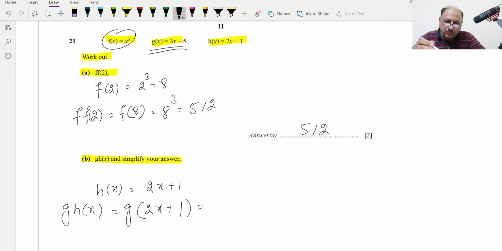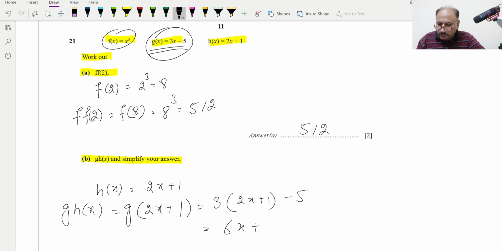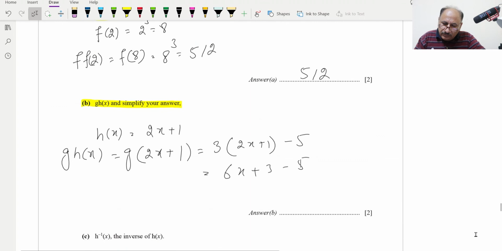G of x is this provided, so in this x will be replaced by 2x plus 1. So 3 into x value is 2x plus 1 and minus 5. We have replaced value in this one, so open the brackets. This will be 6x plus 3 minus 5. It means this is equal to 6x minus 2.